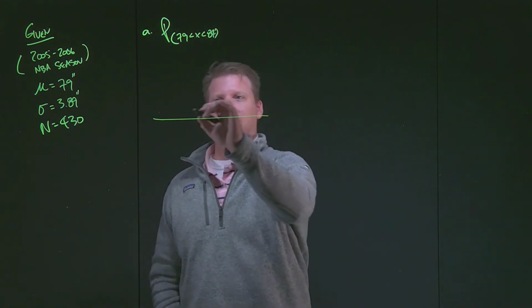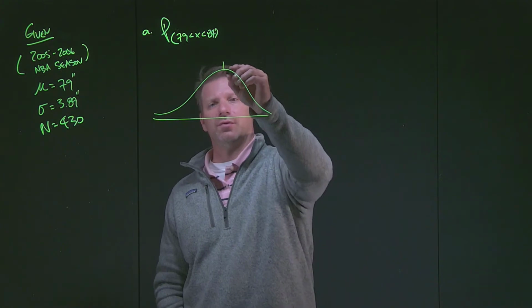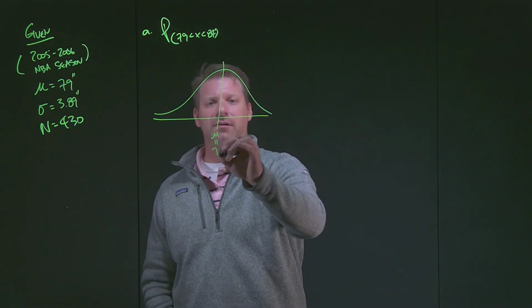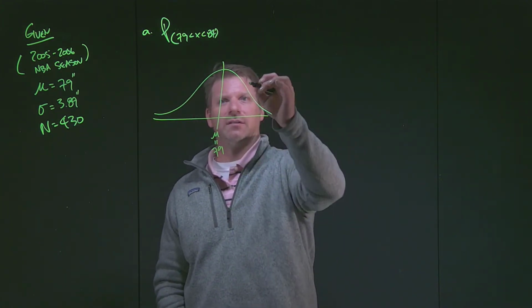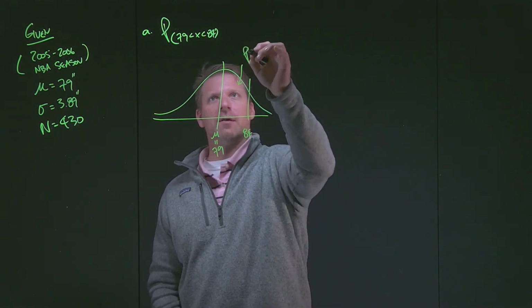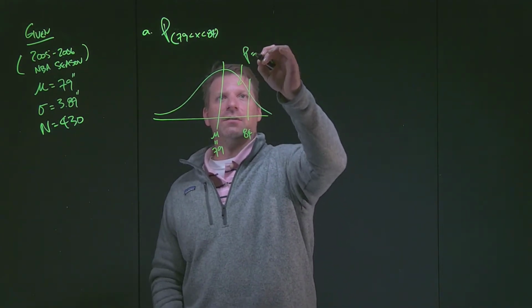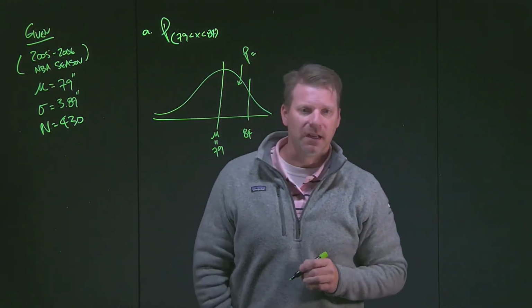The question itself told us that we're following an approximate normal distribution for the heights. We're going to label that here. Here is our average of 79 inches. We're then going to say, what is the probability of finding a value between 79 and 84?